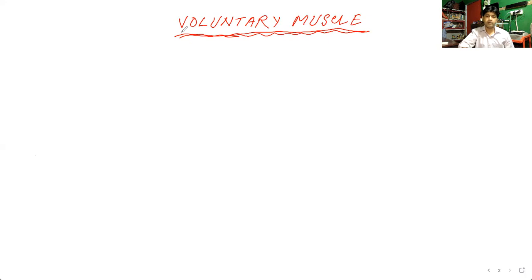As the name is voluntary muscle, definitely you can guess that this type of muscle can be moved by our will. If you want to move, we can move it. It can be controlled by our will. So that is the voluntary muscle.